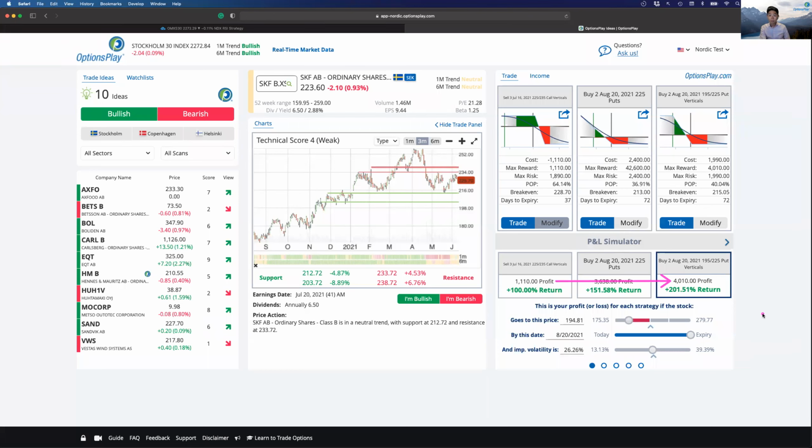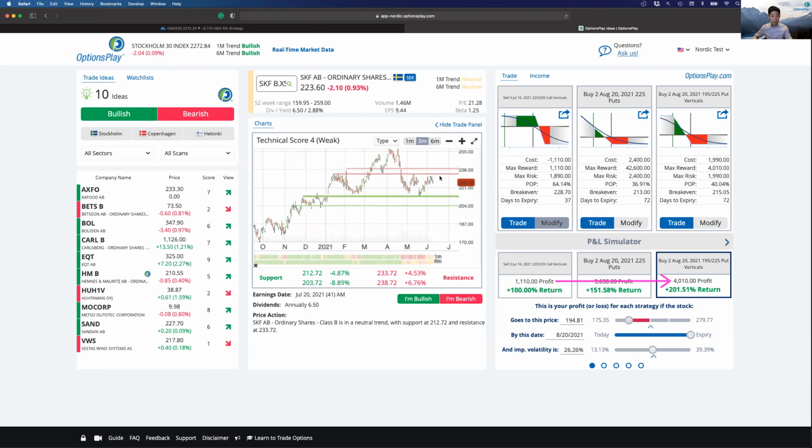So I know a lot of investors prefer selling credit spreads, but credit spreads severely underperform if the directional view that you expect the stock to move in happens, and it's a fairly sizable move. And even if you don't get a move down to 194, let's just say you get a moderate move down to, we said 204, sorry, which is that support level.